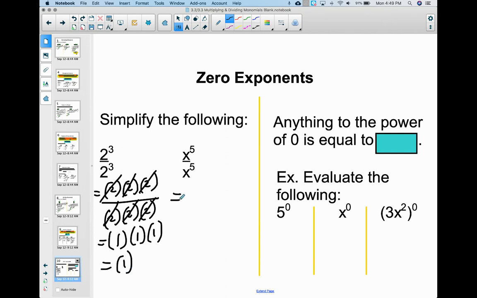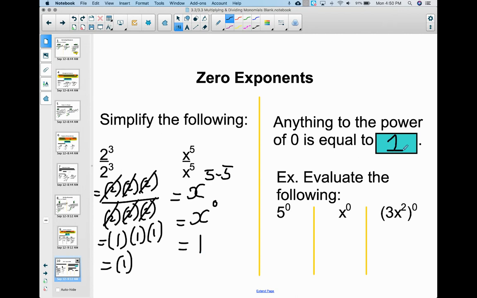In the same sense, x to the power of 5 divided by x to the power of 5, we can also, using our principle, write it as x to the power of 5 minus 5, x to the power of 0, and we know that anything divided by itself is 1. Therefore, anything to the power of 0 is equal to 1.